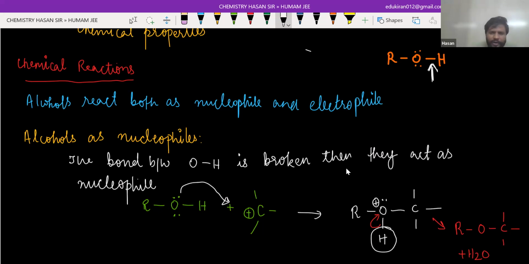And when you are going to break the bond between this R or O, that means carbon and O, then it will be acting as electrophile. I will show you. There is a condition for acting as electrophile. First write this.